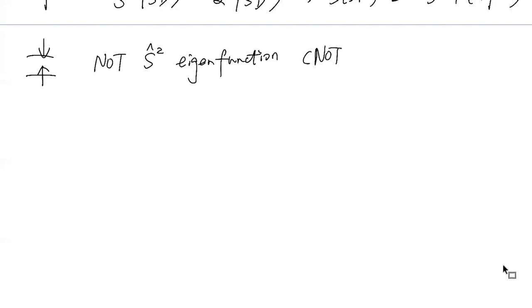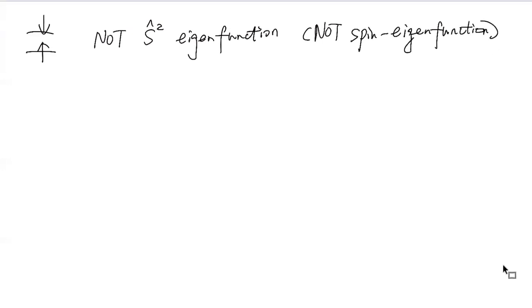Another way to say that is this Slater determinant or this electronic configuration is not a spin eigenfunction. Of course, it's an eigenfunction for Sz, the projected spin, but it's not an eigenfunction for S squared.